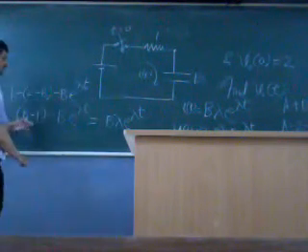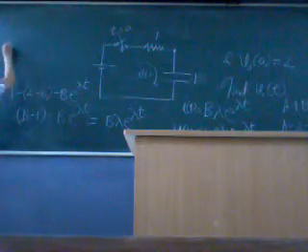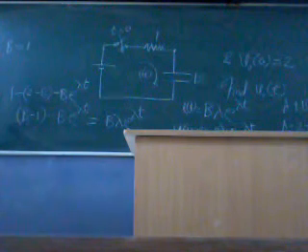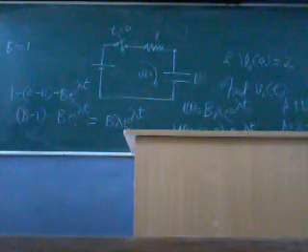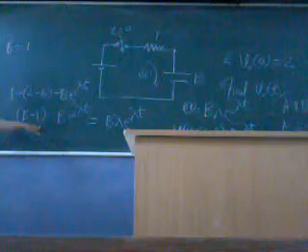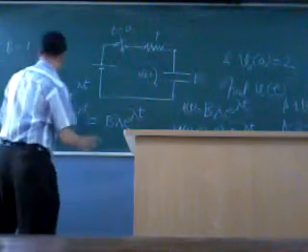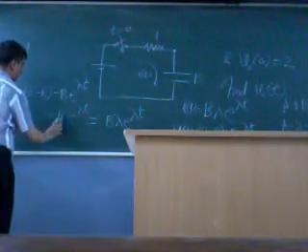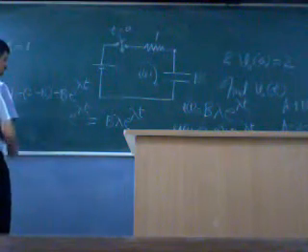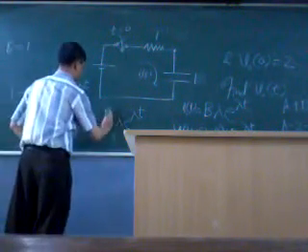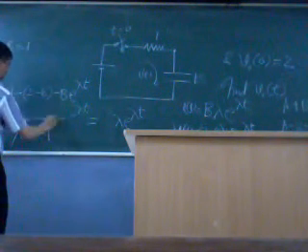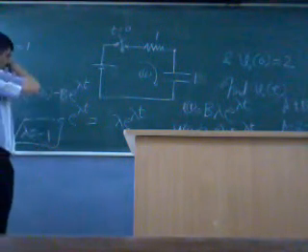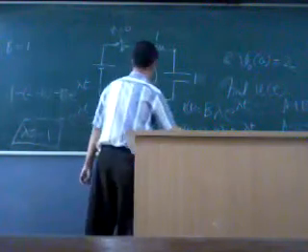So what must be equal? This term must be 0, so B must be equal to 1. B minus 1 must be equal to 0. So B equal to 1. If you put 1 everywhere, this minus goes, so lambda equals minus 1. So the answer is 2 minus B, that is equal to 1.